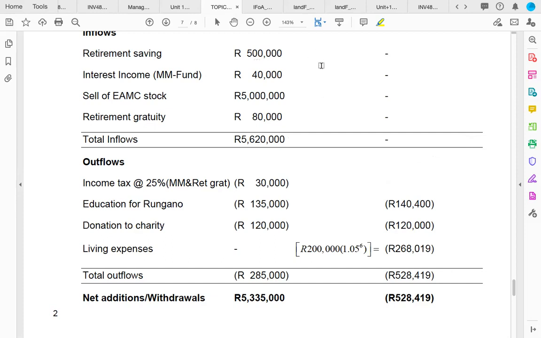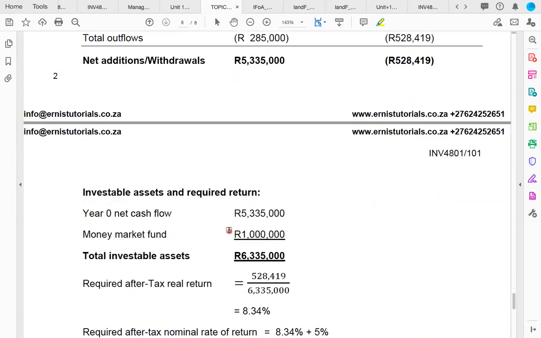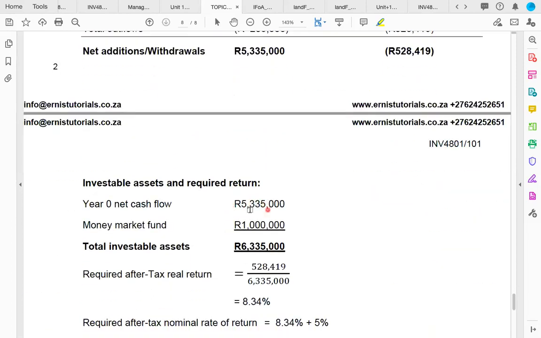So the basic idea here is that we are going to have a capital base. Actually, let's just double check here. We're going to have a capital base of 5,335,000 plus the 1 million, which is the current money market fund.